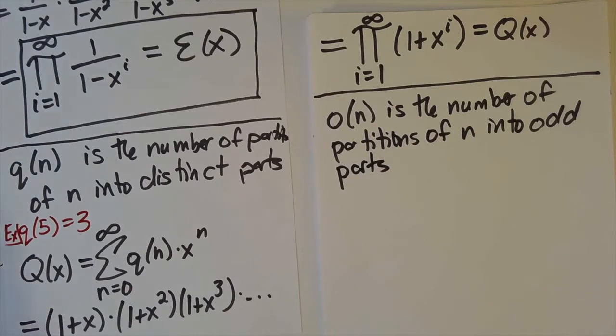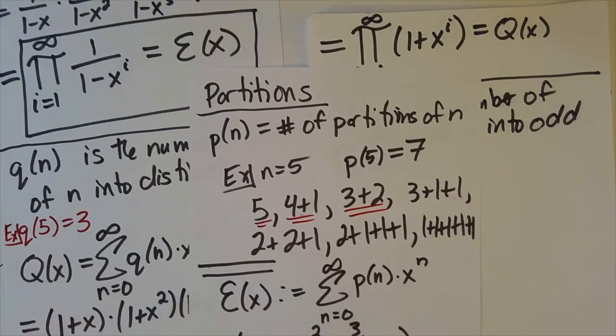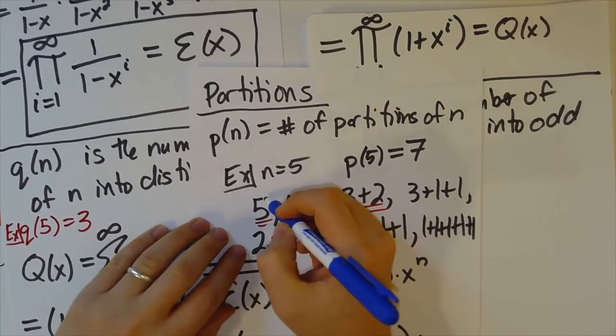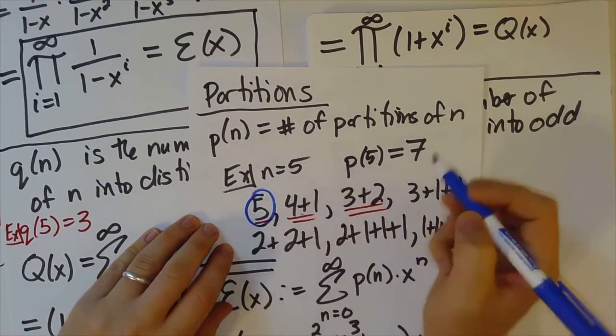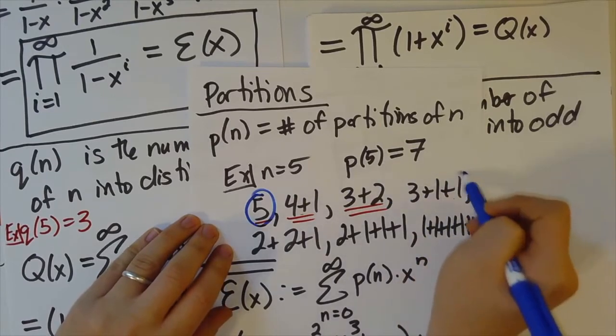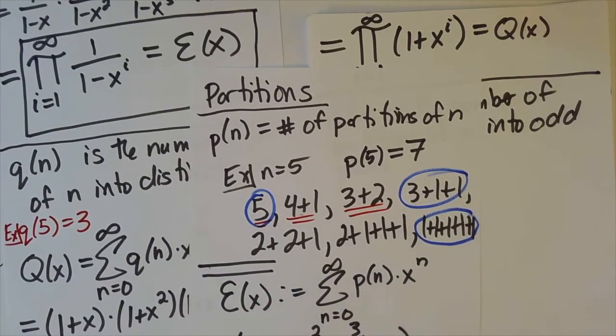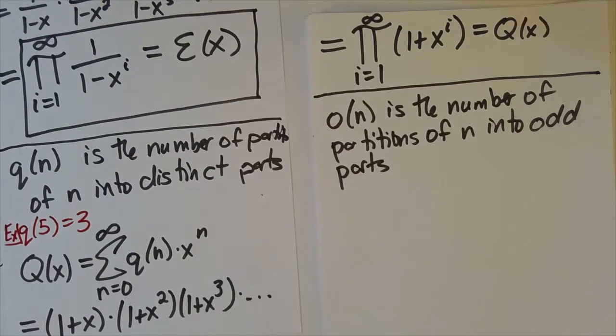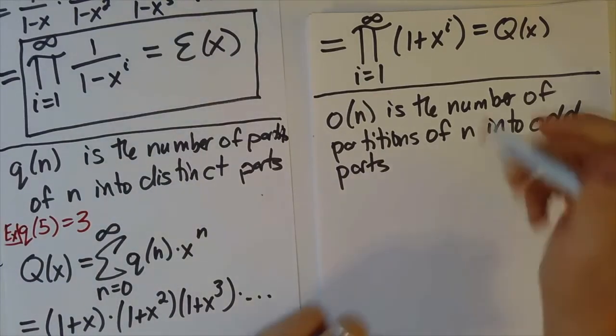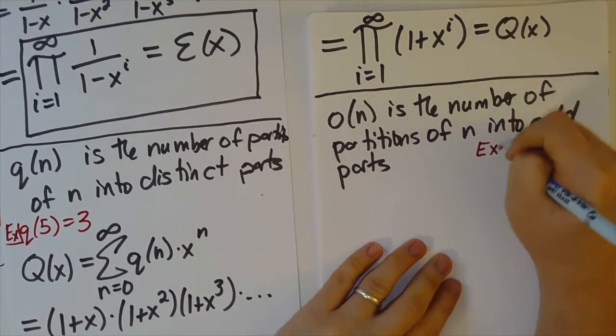Okay, and so again, if you want to go back and play this game here, the ones for 5 were this one and that one and that one. So there were 3 of those. Okay. I won't give away the punchline yet, but if you have a very good memory, you'll remember what the punchline of this is going to be. But O of 5 is 3.